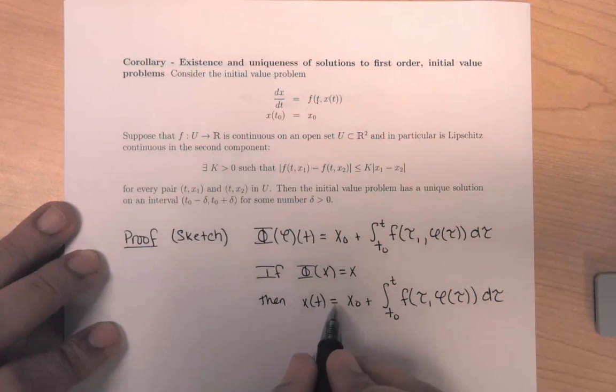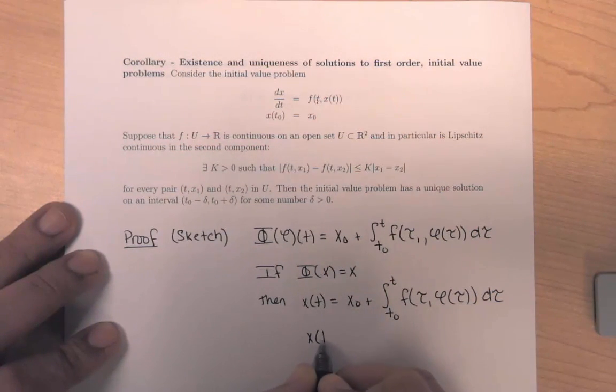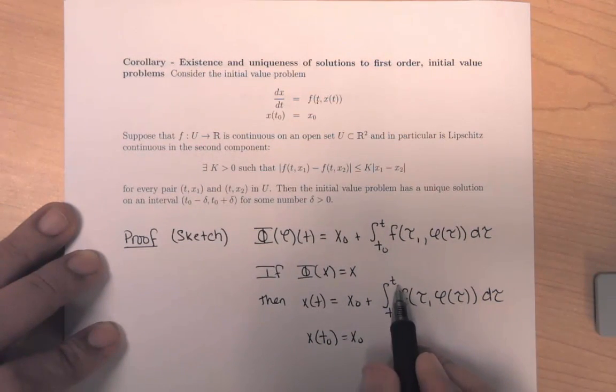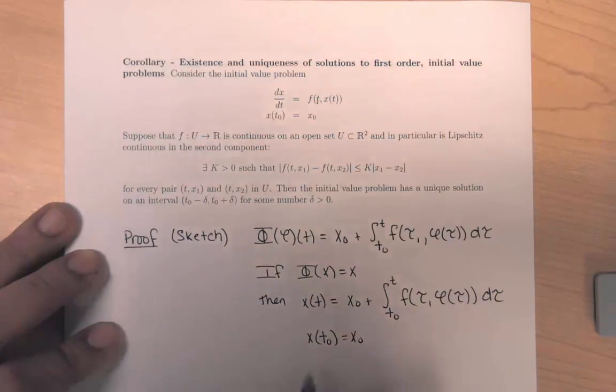Then if x is a fixed point, it's equal to this. If I evaluate at t naught, I get x naught. The integral from t naught to t naught of something that's bounded is 0.